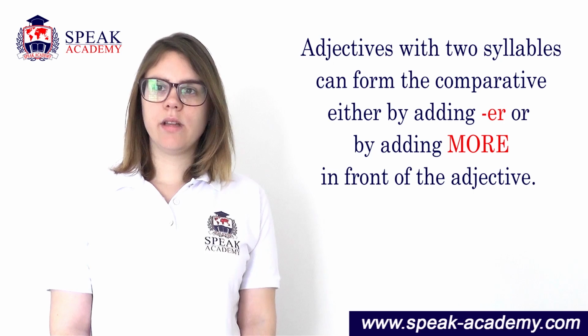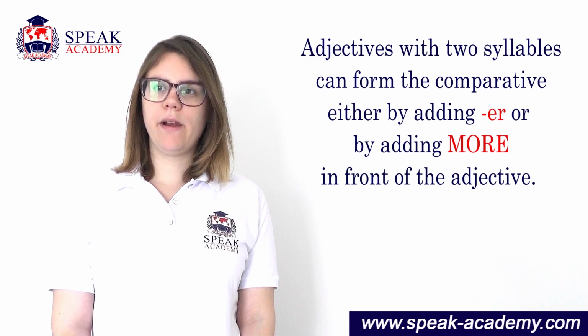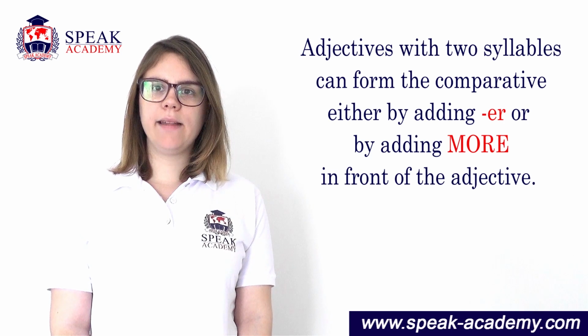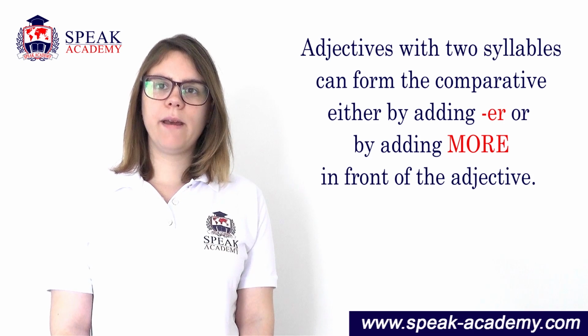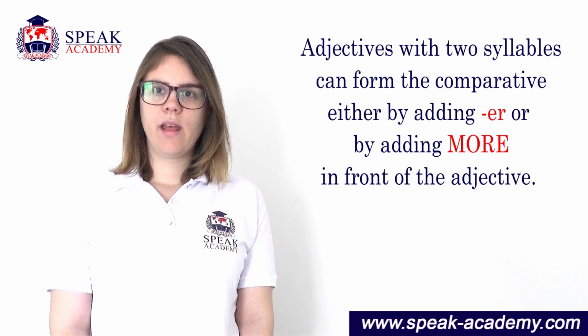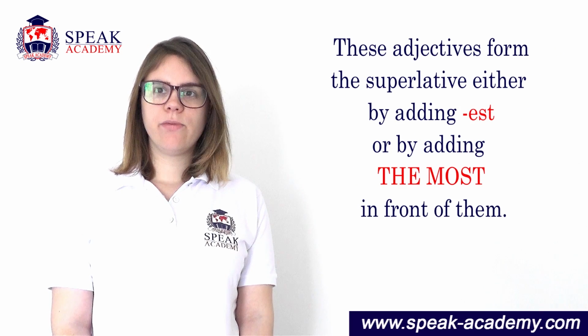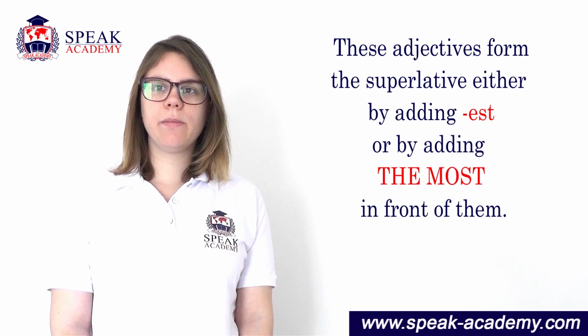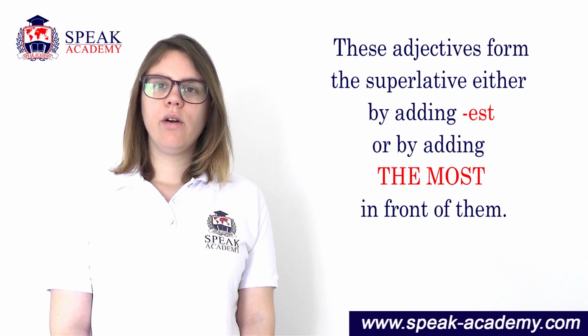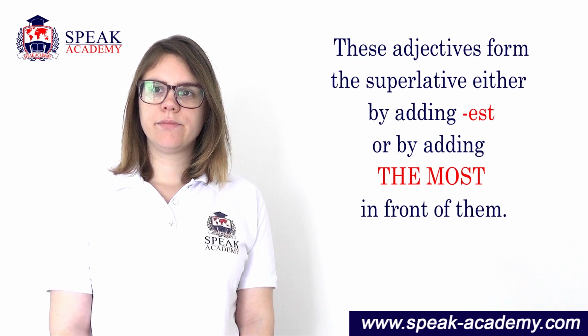Adjectives with two syllables can form the comparative either by adding er or by adding more in front of the adjective. These adjectives form the superlative either by adding est or by adding the most in front of them.